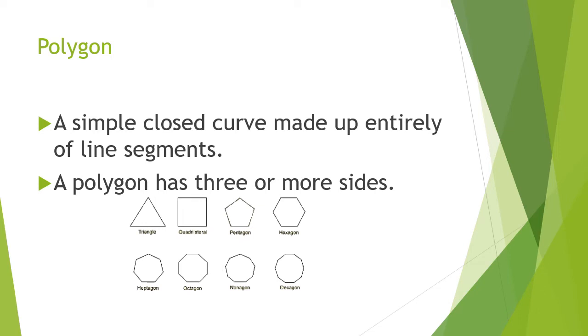A simple closed curve made up entirely of line segments is called a polygon. A polygon has three or more sides. The simplest polygon is a triangle. Quadrilateral, square, pentagon, hexagon, all are examples of polygons.